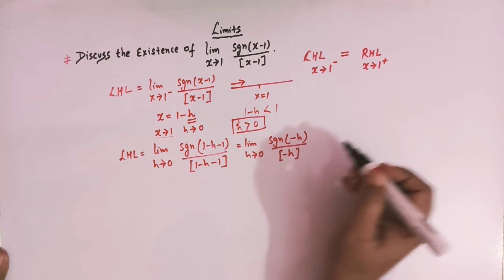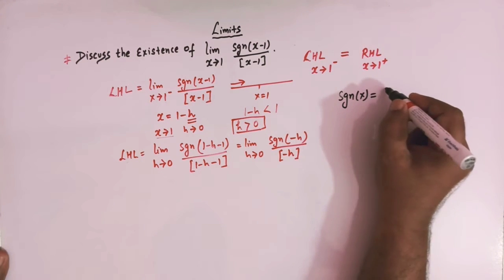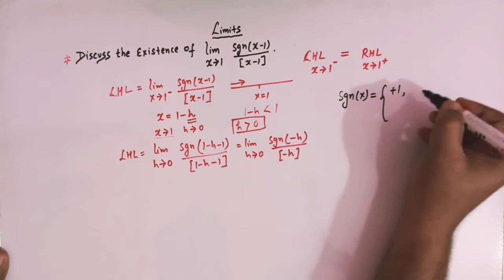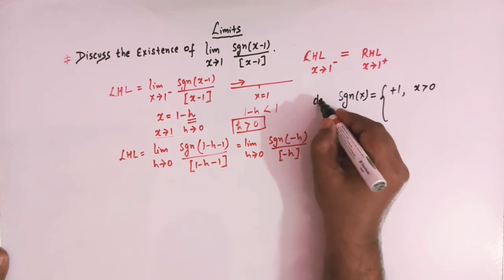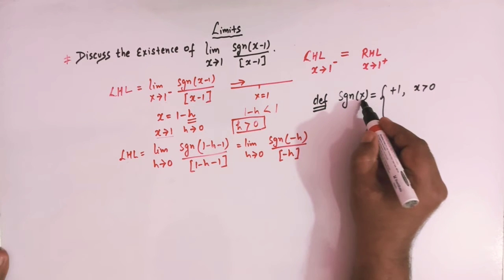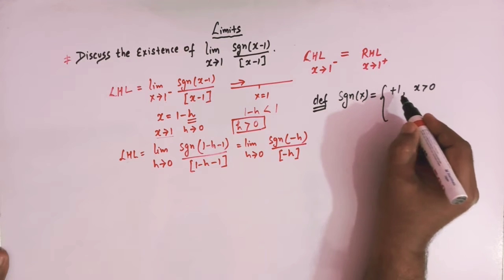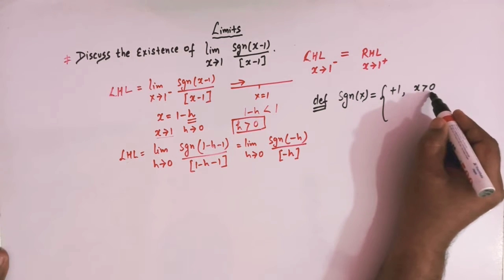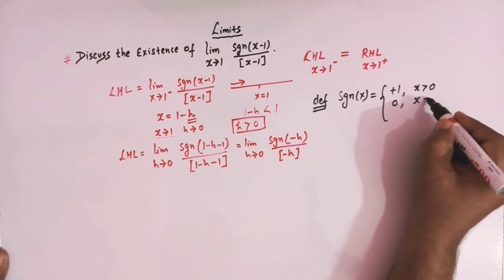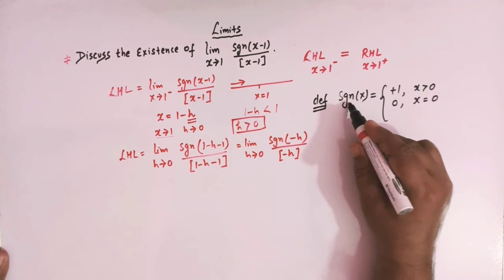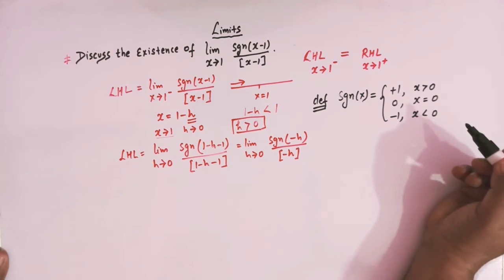So we know that the signum of x is given by positive 1 whenever x is greater than 0. Here we are writing the definition of the signum function which will be utilized. So signum of x is equal to plus 1 for all x greater than 0, signum of x is equal to 0 whenever x is equal to 0, and signum of x takes the value negative 1 when x is less than 0.